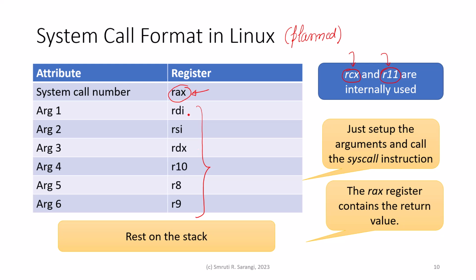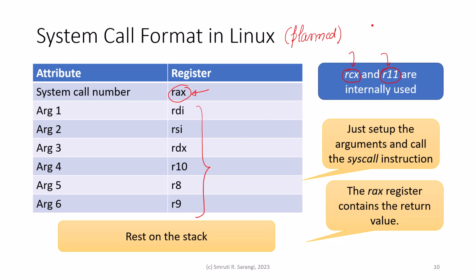So they are stored in the registers RDI, RSI, RDX, R10, R8 and R9 respectively. Of course you can have more arguments than this, but then they have to be pushed onto the user stack, and the kernel will then retrieve the values of the arguments from the user stack.